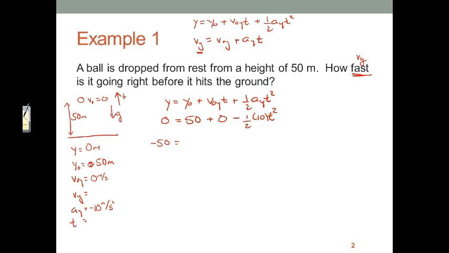And then I'm going to look at this and say I have 10 divided by 2, which is negative 5 t squared. So dividing both sides by negative 5 gives t squared equals 10, or t equals the square root of 10, which is 3.16 seconds.